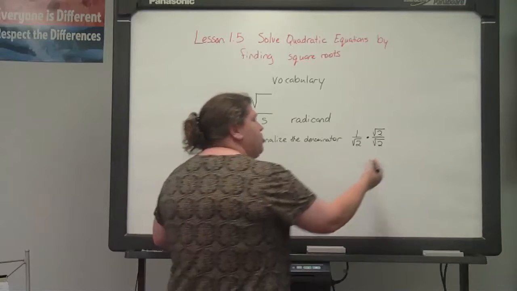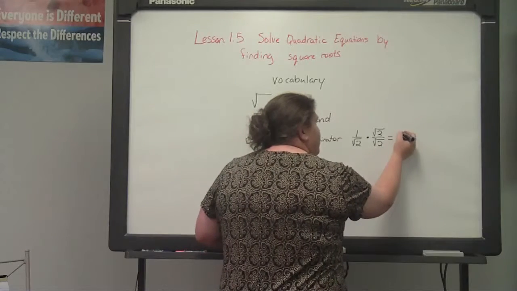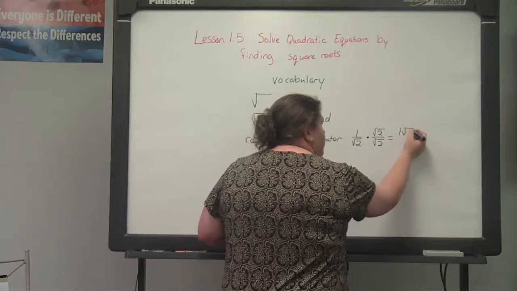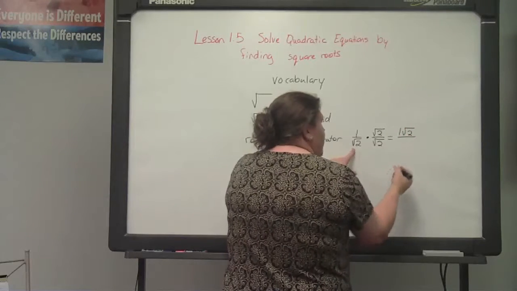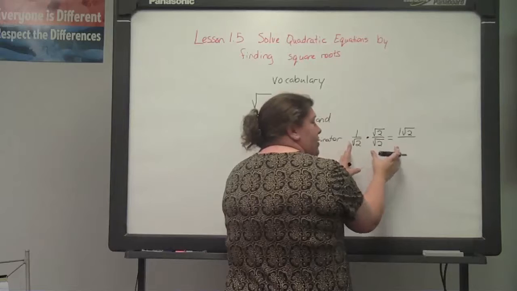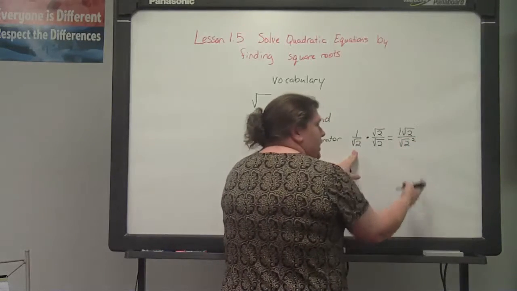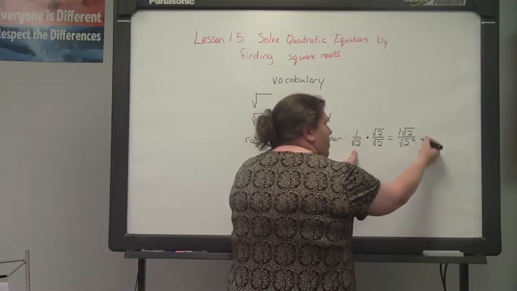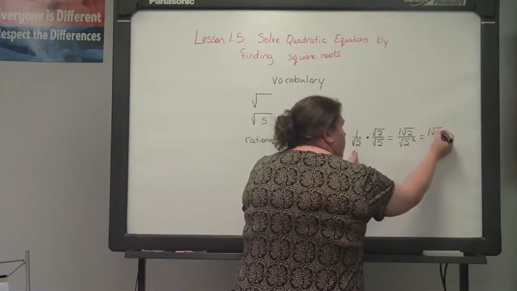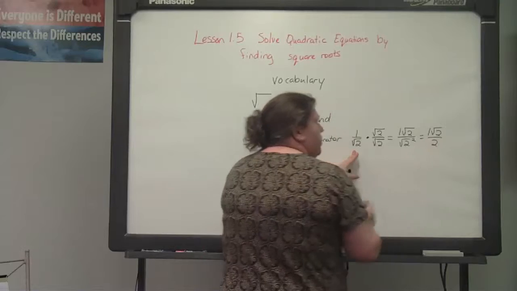What that's going to do is cancel out the radical underneath, because now for this example we have square root of 2 squared. Square root canceled squared, so we would have 1 square root 2 over 2.